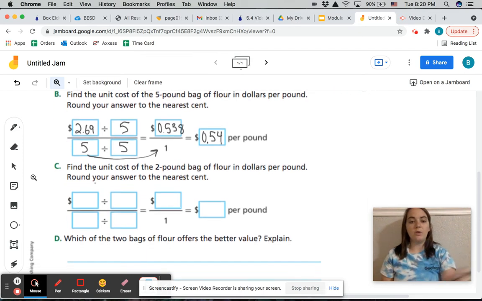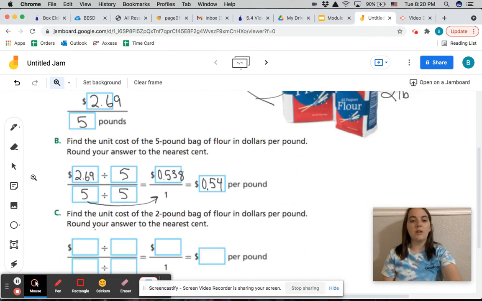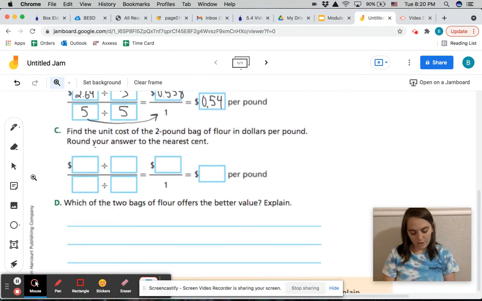Now we're going to find the unit cost of the 2-pound bag of flour in dollars per pound. What did we figure out? It was $1.89. So we have $1.89 per 2 pounds. And we're going to do the same steps. To get from 2 to 1, we're going to divide this by 2. And what you do on the bottom, you've got to do on the top.